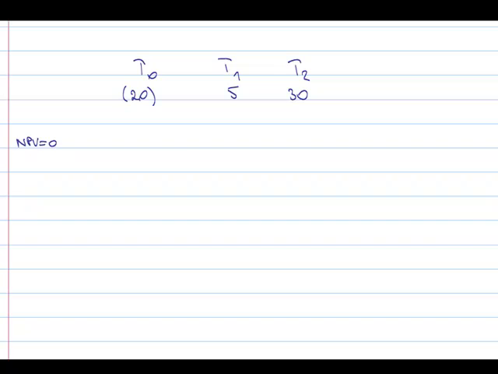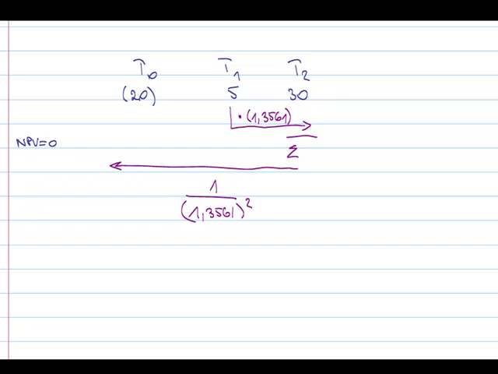The same situation mathematically can be rearranged into the following situation. We will take that 5, multiply it by 1.3561, and then the total here discount by 1.3561 squared.